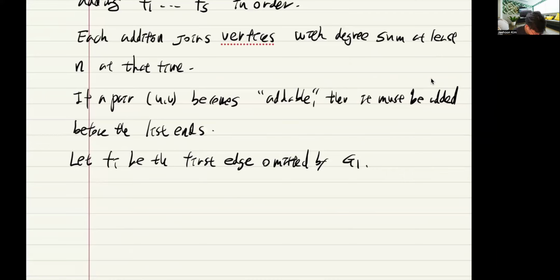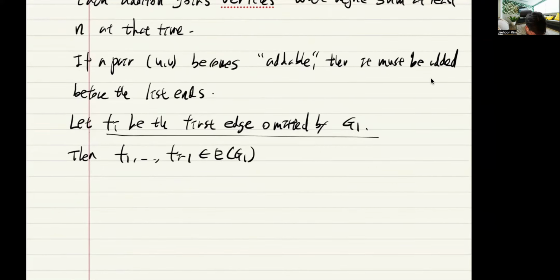So Fi is an edge which doesn't belong to G1. Then F1 to Fi minus 1 are all in G1 because of this definition. Then what happens?